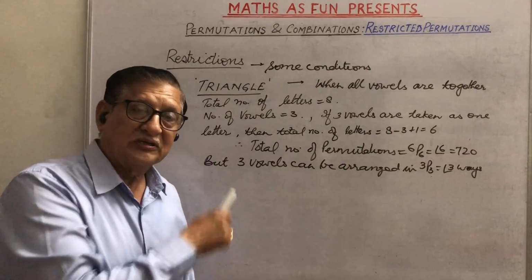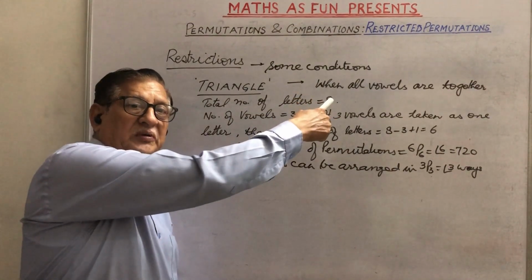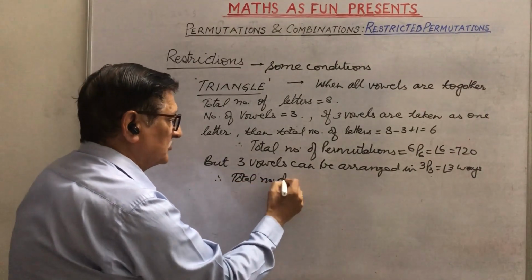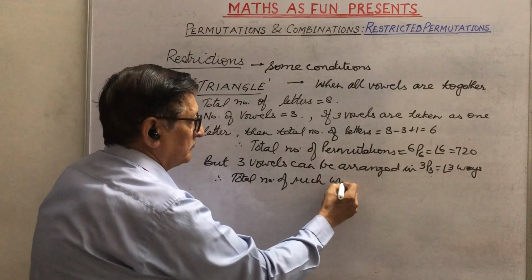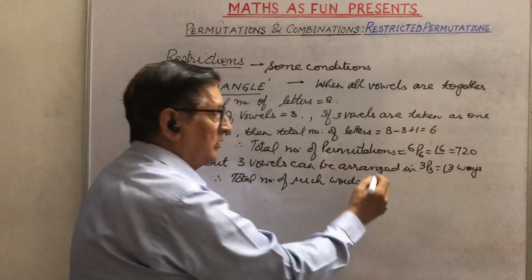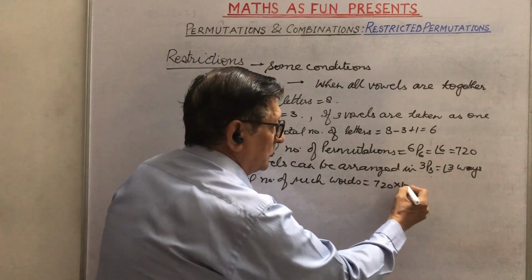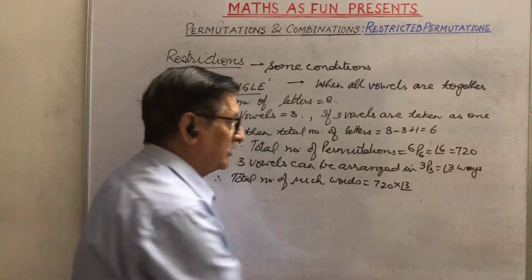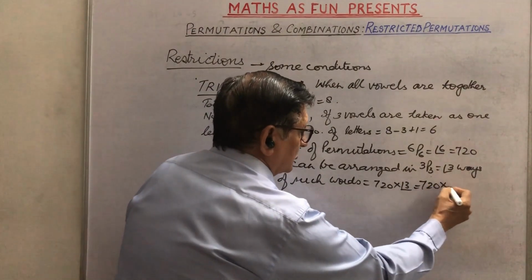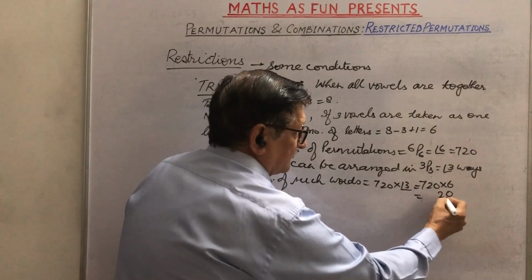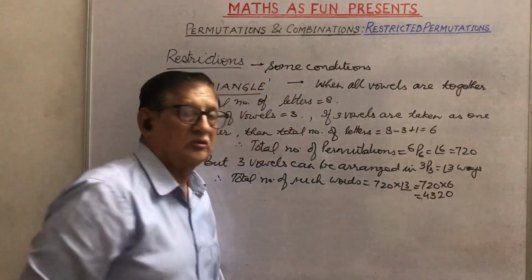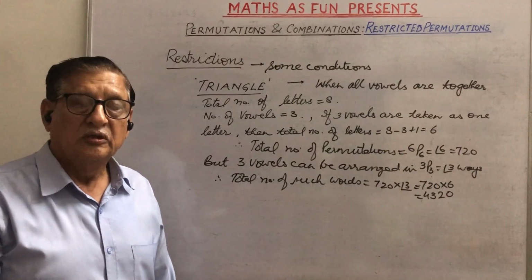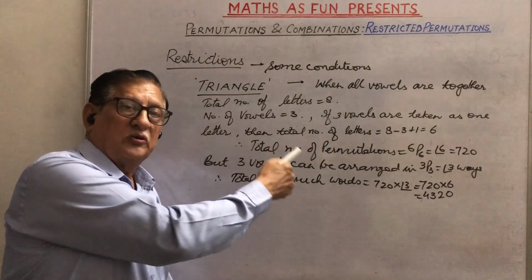And therefore, the total number of such words will be 720 into factorial 3, that is 720 into 6, that is 4320. It means 4320 words can be formed in which vowels will be together.